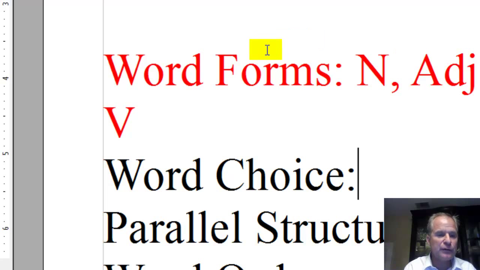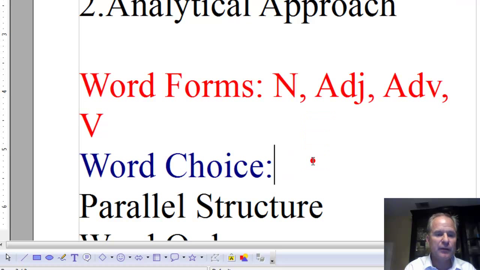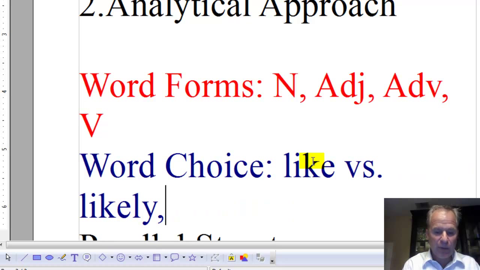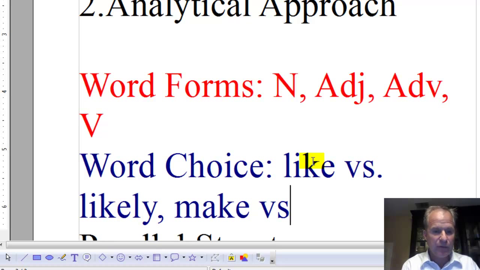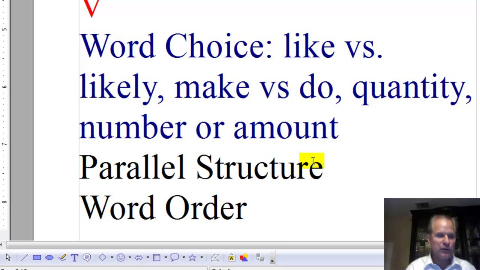Now, word choice is a little bit different. Let's take a look at this one for a minute. I'll make this blue. Word choice means looking at words like like versus likely, or you might be using a word like make versus do. How about quantity, number, or amount?